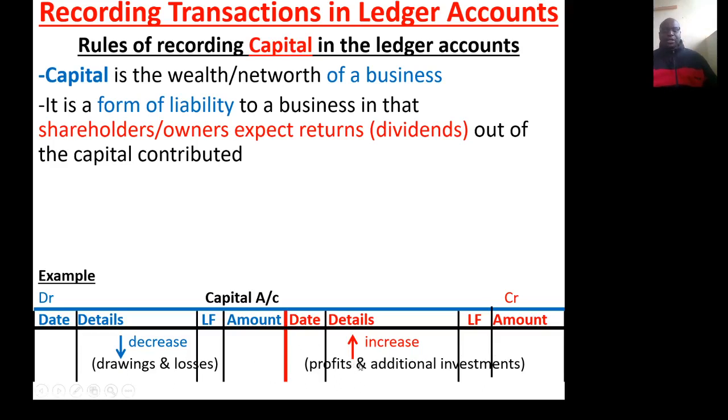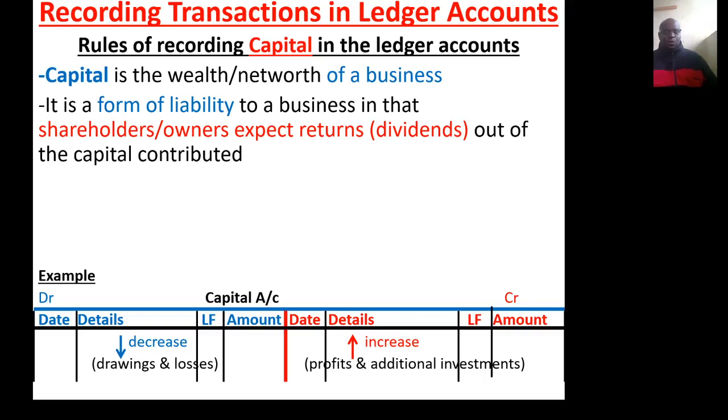Profits also increase capital. And because we said capital is the wealth or net worth of a business, when you make profits, you have increased wealth or the shareholder wealth. Then we have drawings and losses.